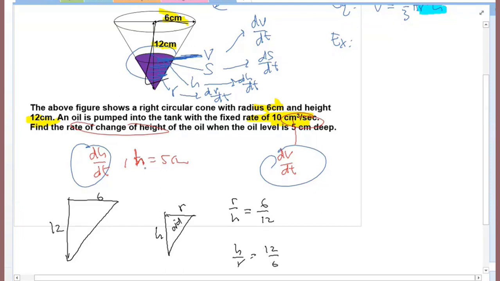Since we want the height, we get rid of R. R equals 1/2 H. Substitute R into this.